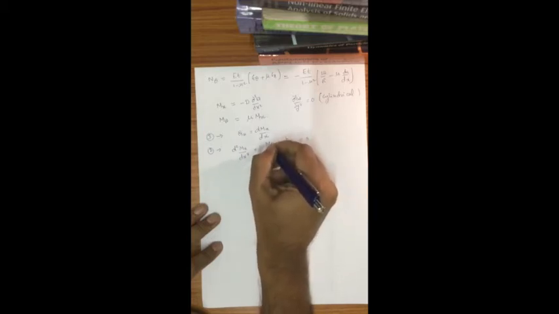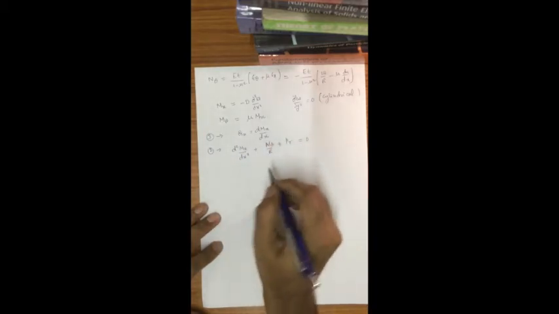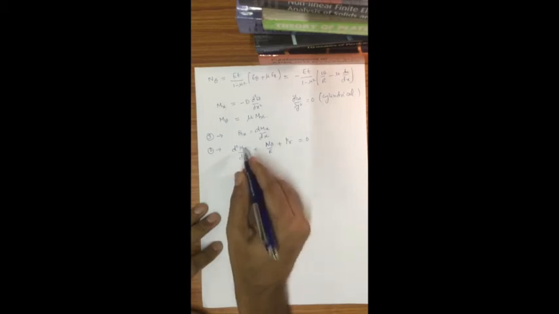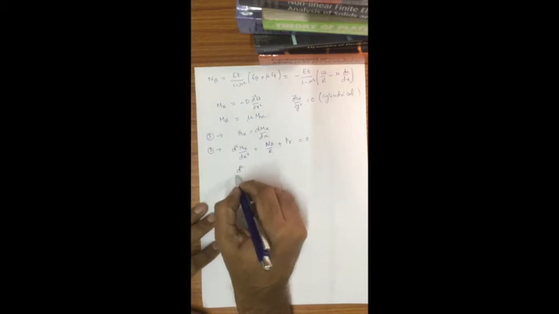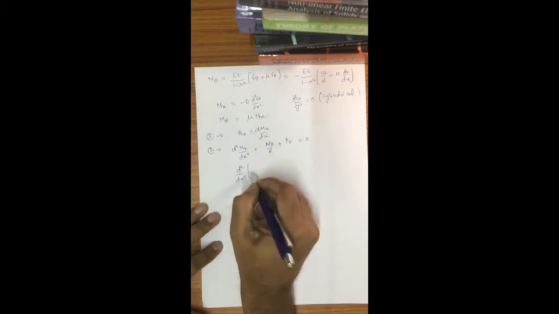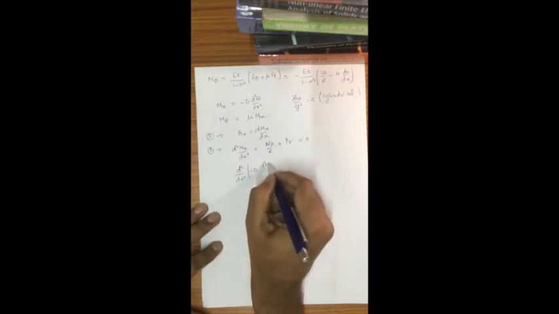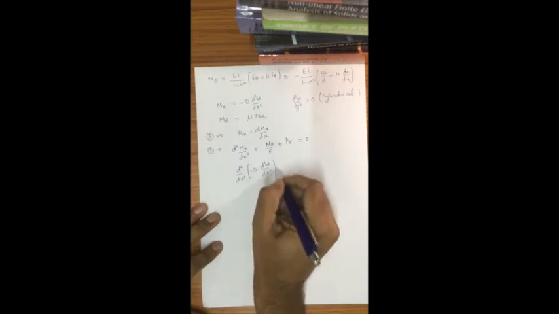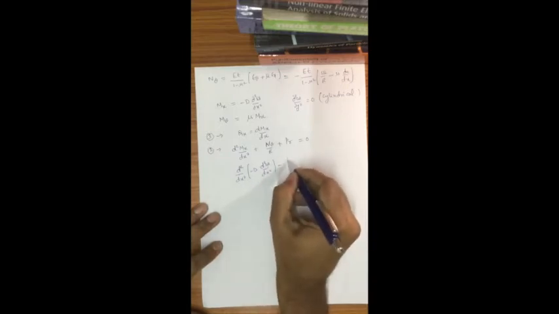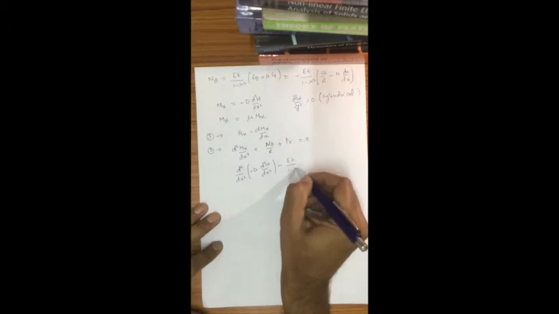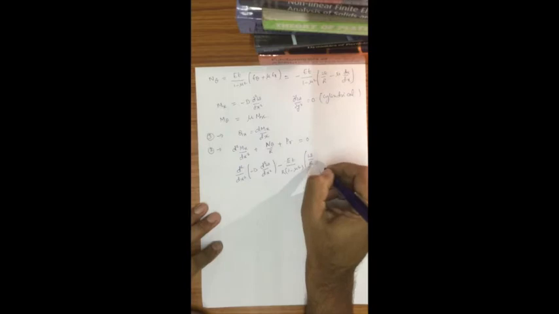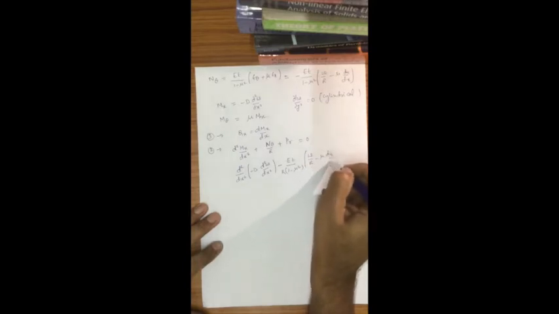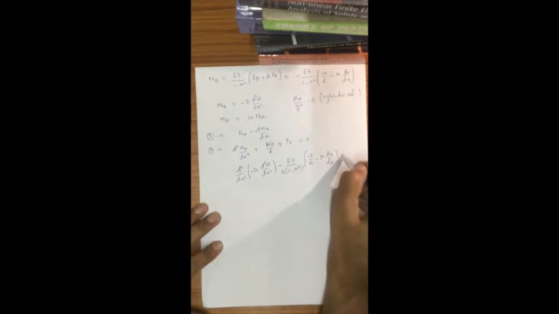Therefore I substitute Mx now in terms of this curvature, therefore I get d square by dx square of minus D d square w by dx square, minus Et by 1 minus mu square into r, w by r minus mu du by dx, plus pr equal to 0.